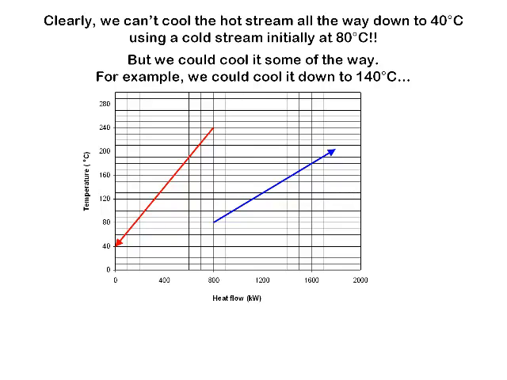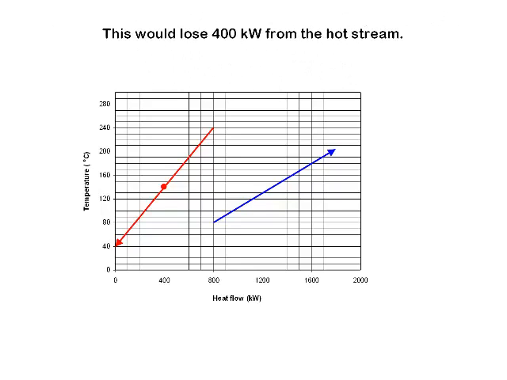For example, we could cool it down to 140 degrees. There it is, 140 degrees. So we would have a heat exchanger that our hot stream enters at 240 degrees, comes out at 140 degrees. Our cold stream would be entering this heat exchanger at 80 degrees.